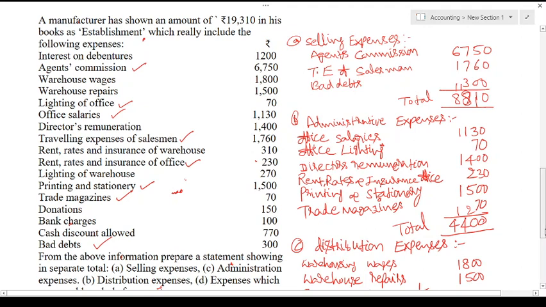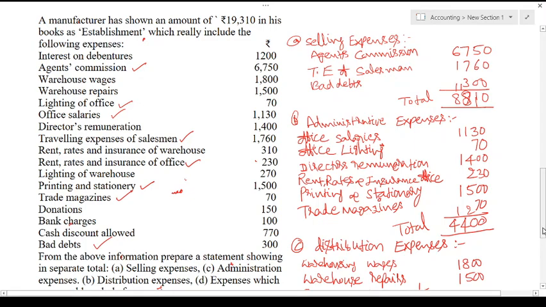This cost sheet is a combination of different components of cost. So first try to understand the different types of cost, where it is going to be recorded and under which item it is going to come. If you are perfect with all this, then it is very easy for us to solve the cost sheet problem.